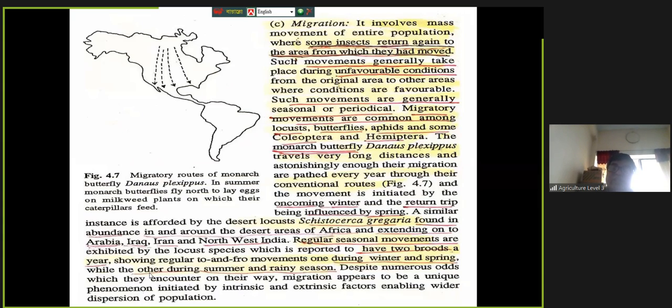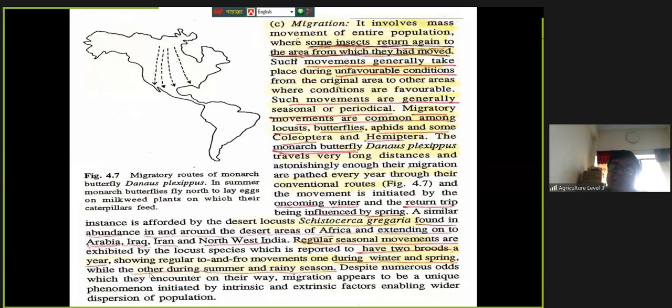In the case of Schistocerca gregaria, they produce two generations, so two broods per year. And usually the migration starts in winter and they come back in spring, and they produce one generation or one brood. On the other hand, the second movement starts in summer and they come back in the rainy season.